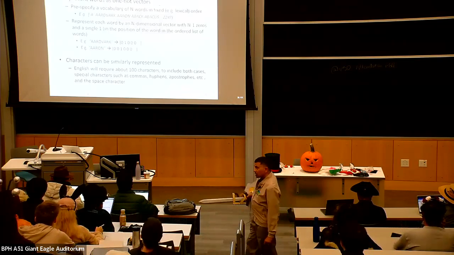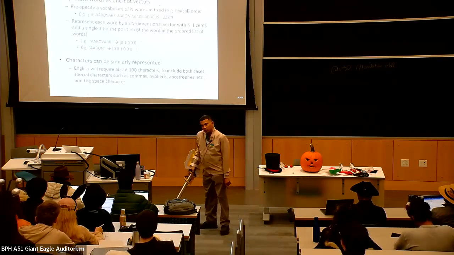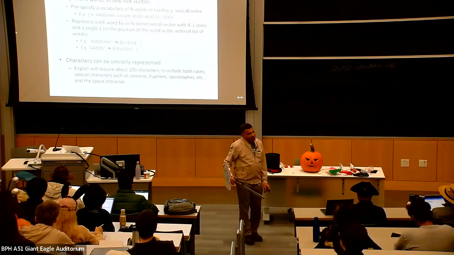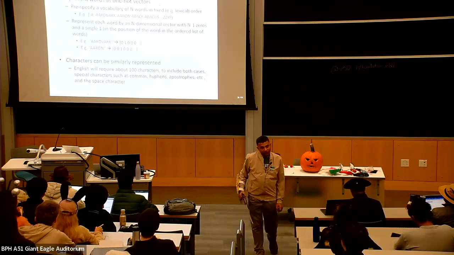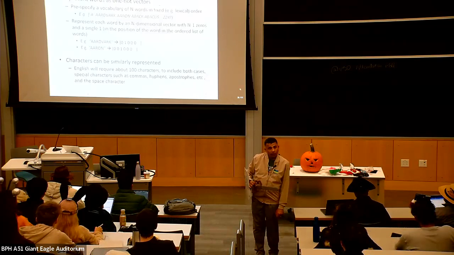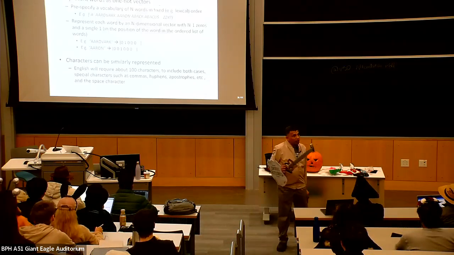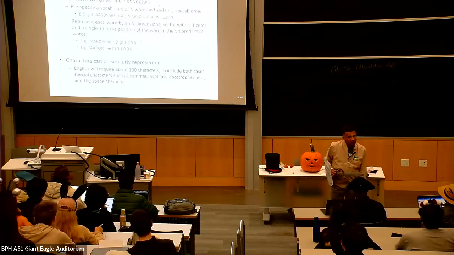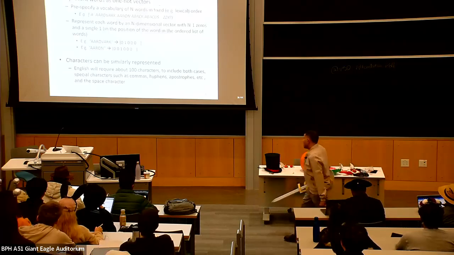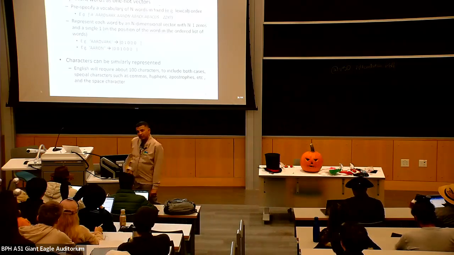And then I'd have to arrange them in some alphabetic or pre-specified order, maybe the dictionary order. And then every single word in the language is simply going to become a one-hot vector, which is a vector with as many components as the number of words in the dictionary, and a 1 in the location of the specific word itself. And similarly, if you were building a model for characters, they can be similarly represented.